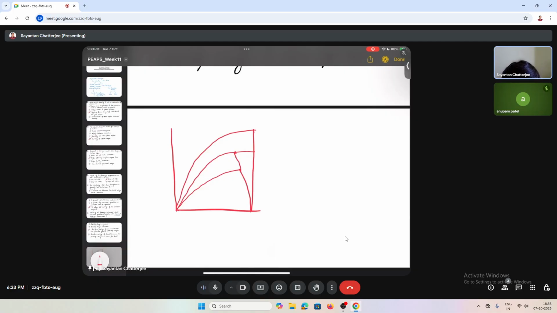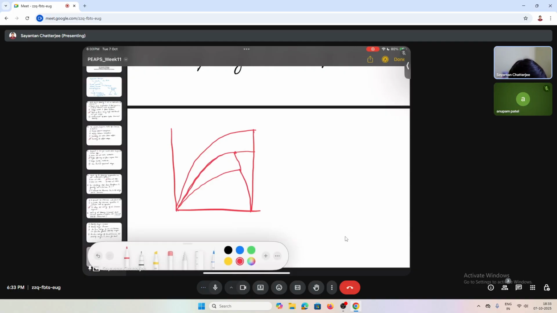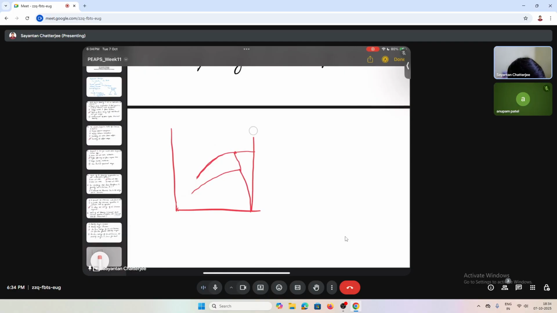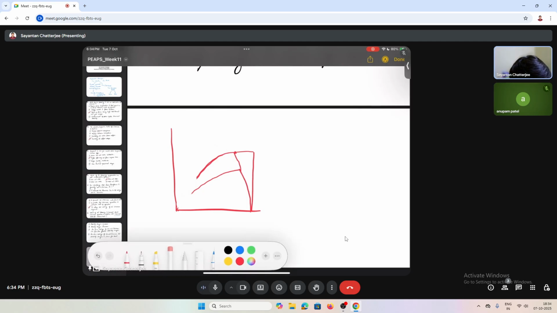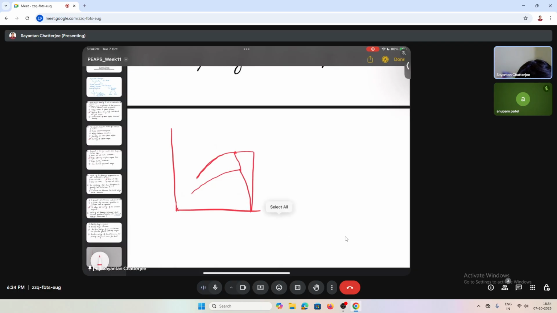Let me redraw it. The first case is that with the variation in the angle of Statcom, meaning the converter angle, we can achieve higher stability margin. But let's not go into that case first.